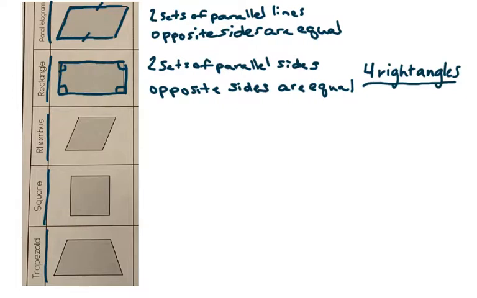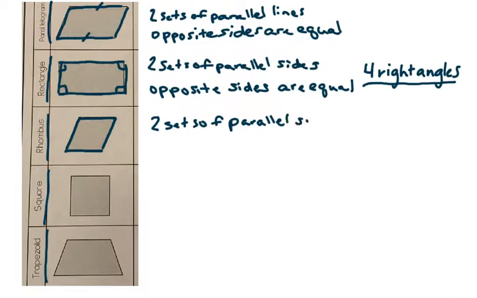Let's go ahead and look at the rhombus. A rhombus, our next shape, you guessed it, we're going to check parallel. Is that side parallel to this side? Yes. That's one set. Let's check this one. Is that side parallel to that side? Yes. So again, it has to have two sets of parallel sides.